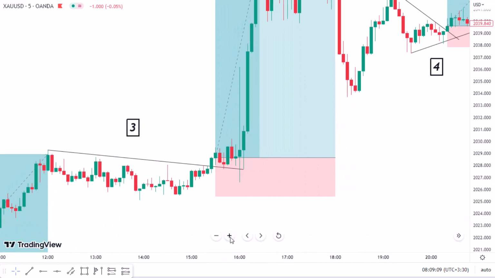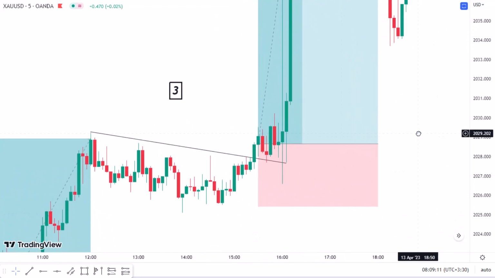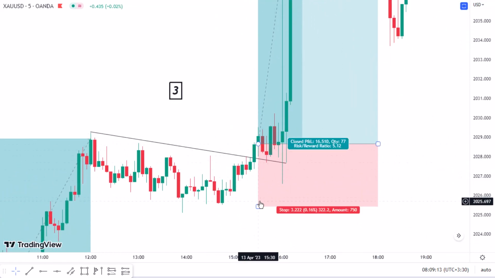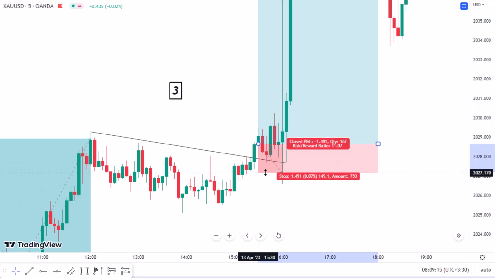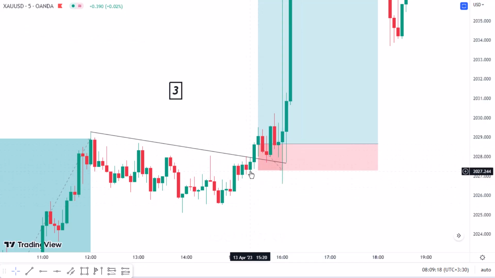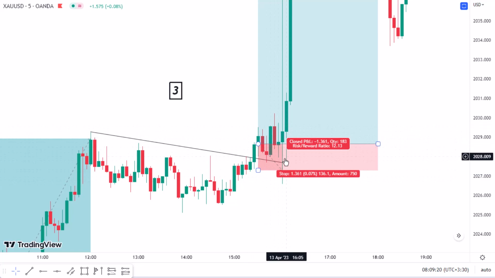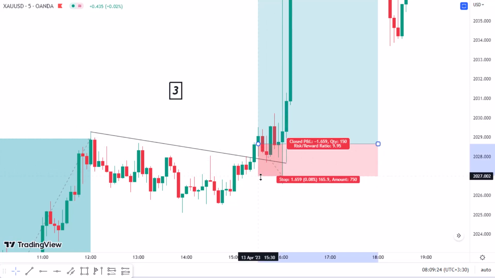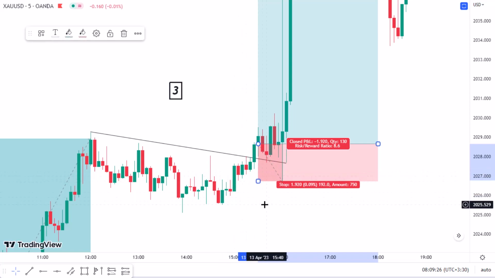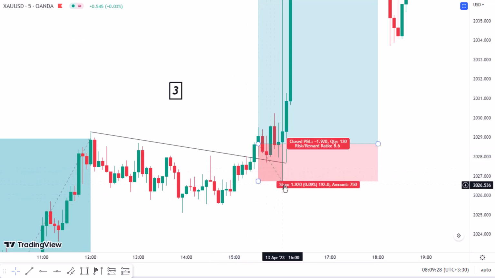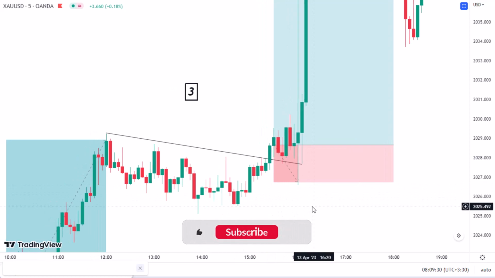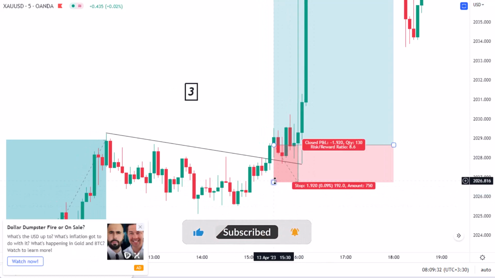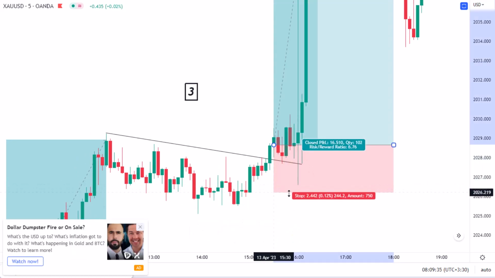But something that you should know is, if you have entered here and then put your stop loss below this candle, your stop loss was going to be activated by this candle here. And even if you put it below these candles here, your stop loss was again going to be activated. Then what you should have done was put your stop loss in a safer place like this one here.